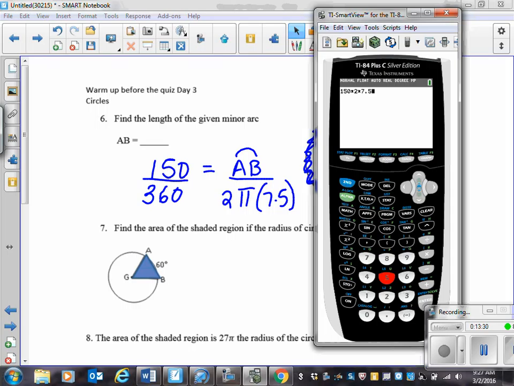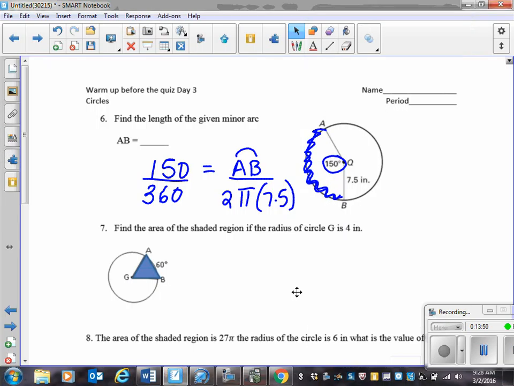Okay, at the end I will include the pi. So that gives you 2,250 equals 360 AB. Then I'll go ahead and divide this by 360 and I'll get 6.25 pi. So the answer for this one would be 6.25 pi.